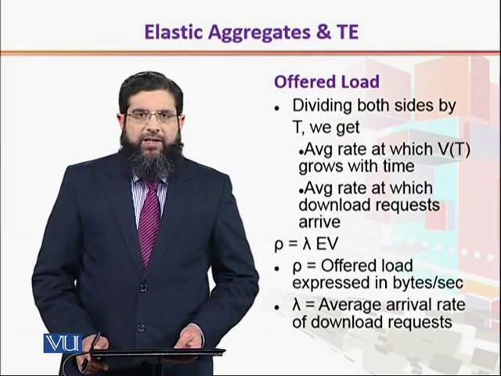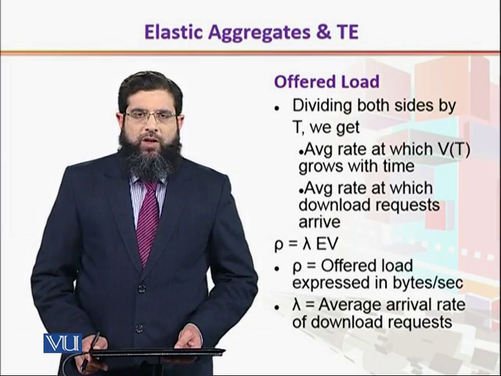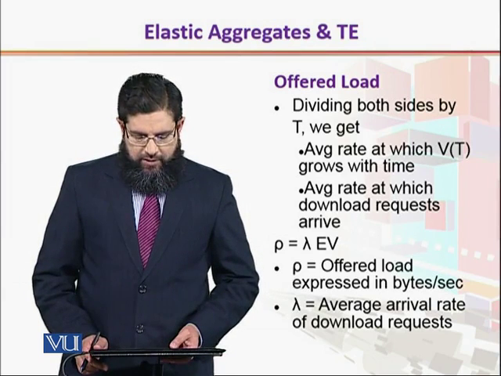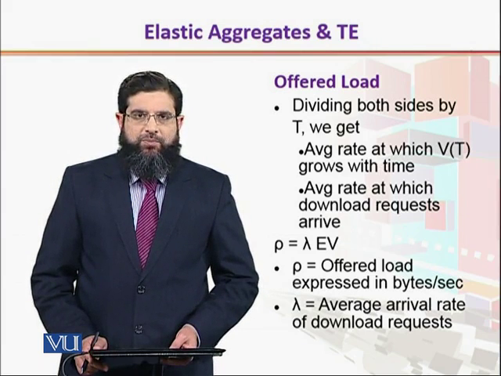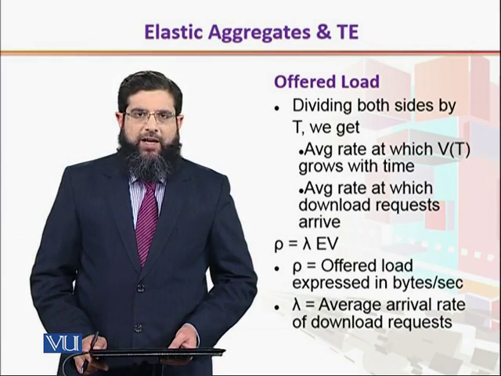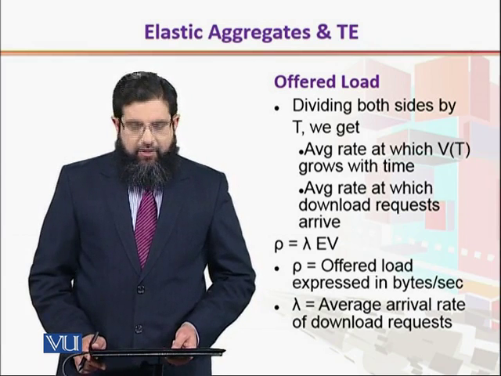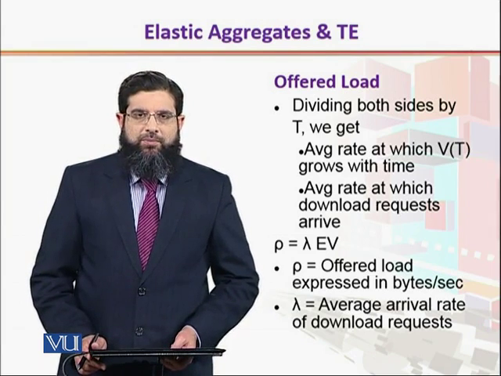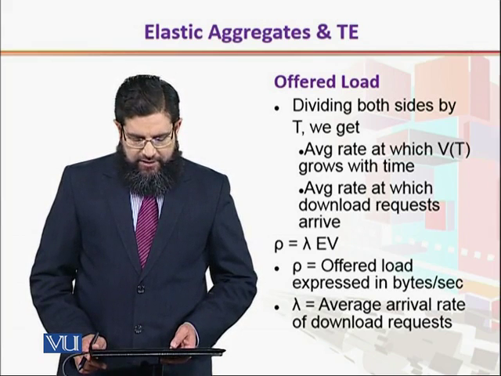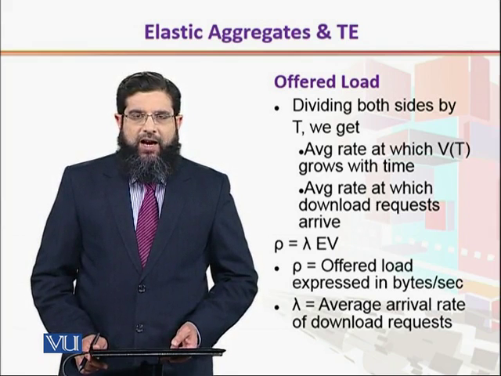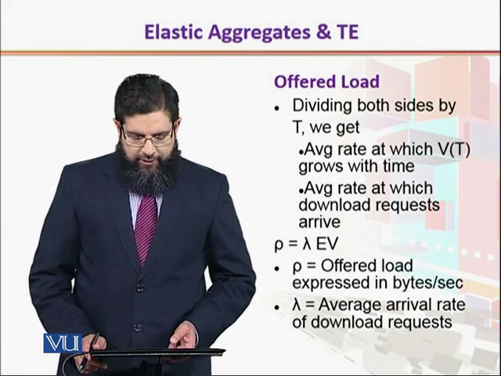Now we are interested in determining the offered load into the network. When we have looked at both these expressions, that is Vt as a function of Et times Nt, if we divide both sides by T, we see that when Vt is divided by T, it gives us the average rate at which Vt grows.